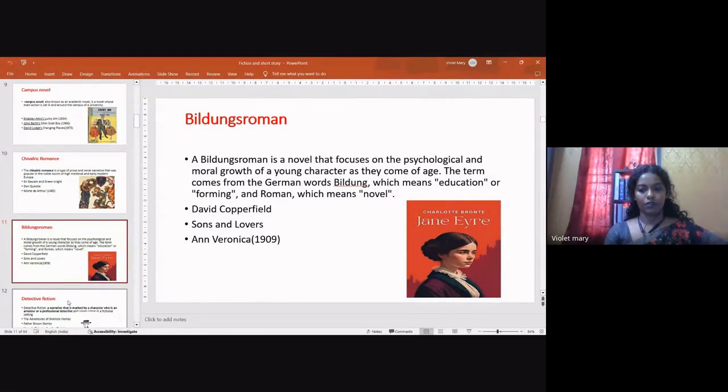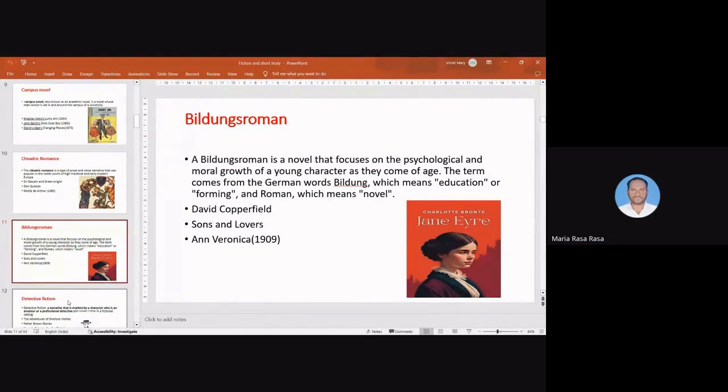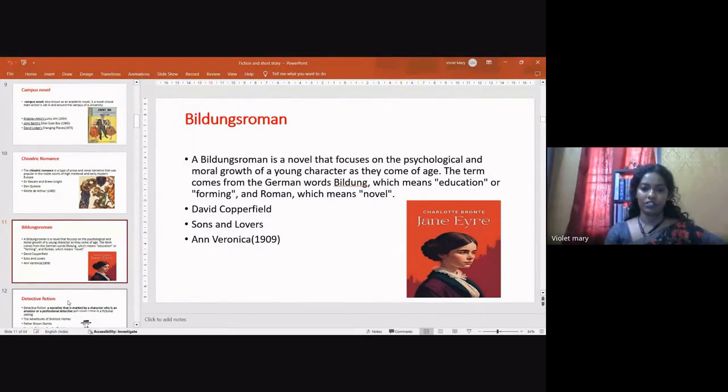Then you have Bildungsroman. Bildungsroman usually focuses on what? The growth of the character, the protagonist. So you can call it a novel of growth or coming-of-age novel. David Copperfield is one such great example of Bildungsroman, along with Sons and Lovers and Ann Veronica. Ann Veronica is written by H.G. Wells.